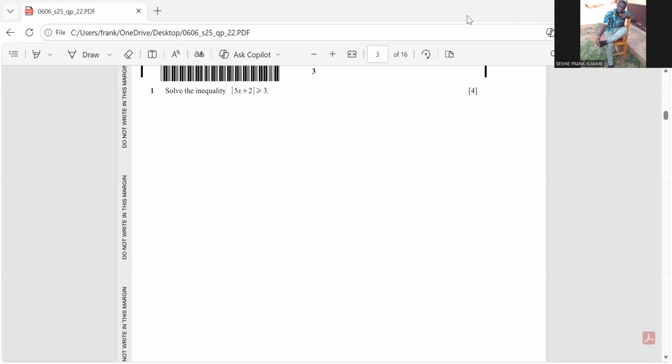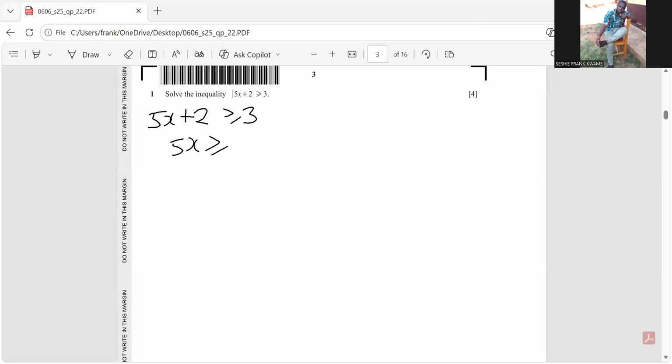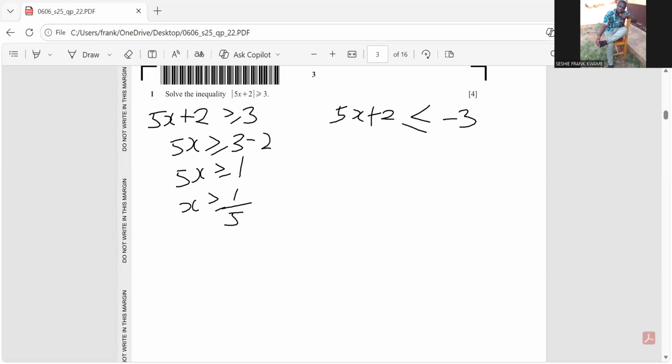Where we say that 5x plus 2 should be greater or equal to 3. Solving this, 5x is 3 minus 2, then 5x is 1, so x is 1 on 5. Then 5x plus 2 is less or equal to the negative of that, which is negative 3.